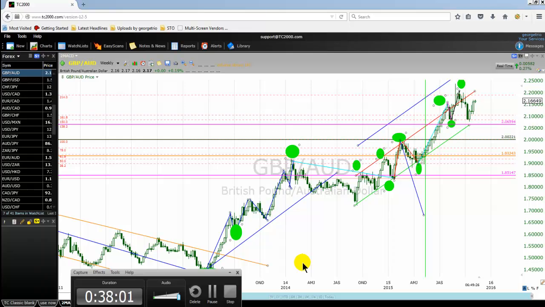Now, I would like to mention to traders that the pound Australian dollar is not for children. So if you are thinking of trading the pound Australian dollar, I would like to discourage you from doing it unless you know exactly what you are doing.